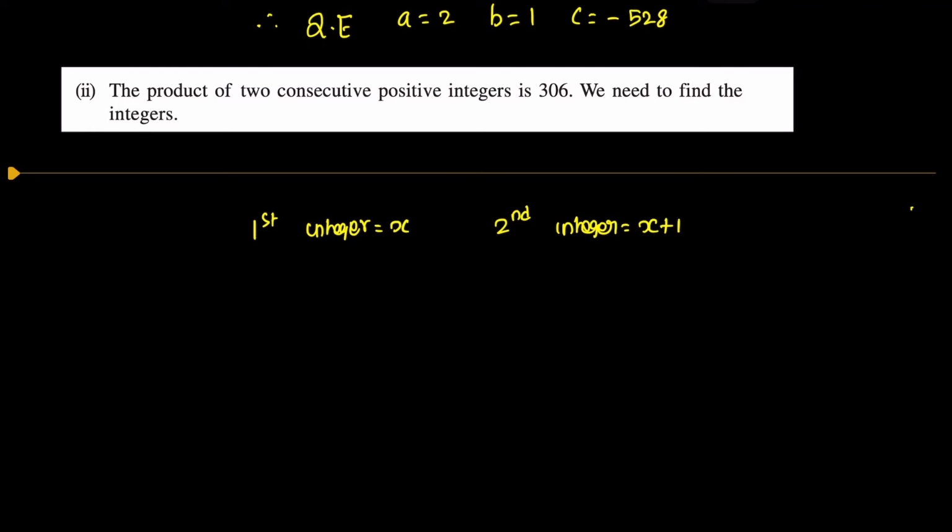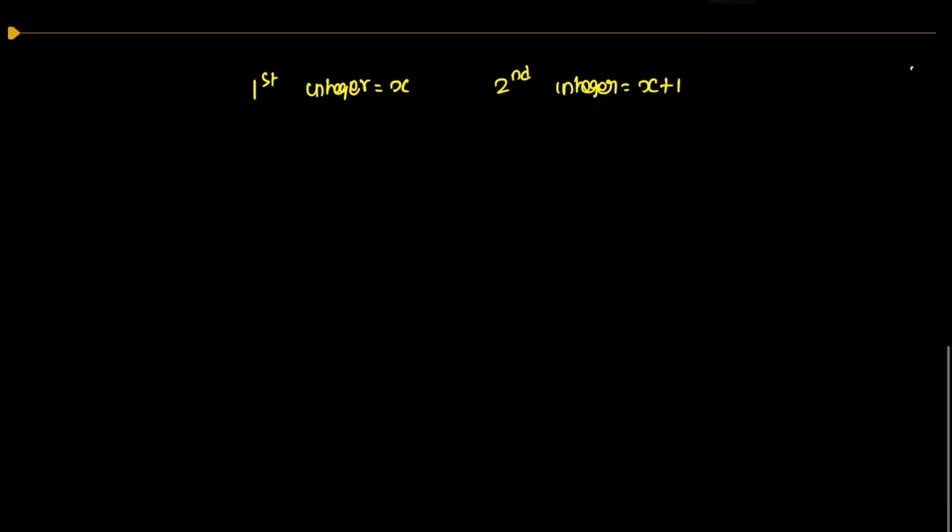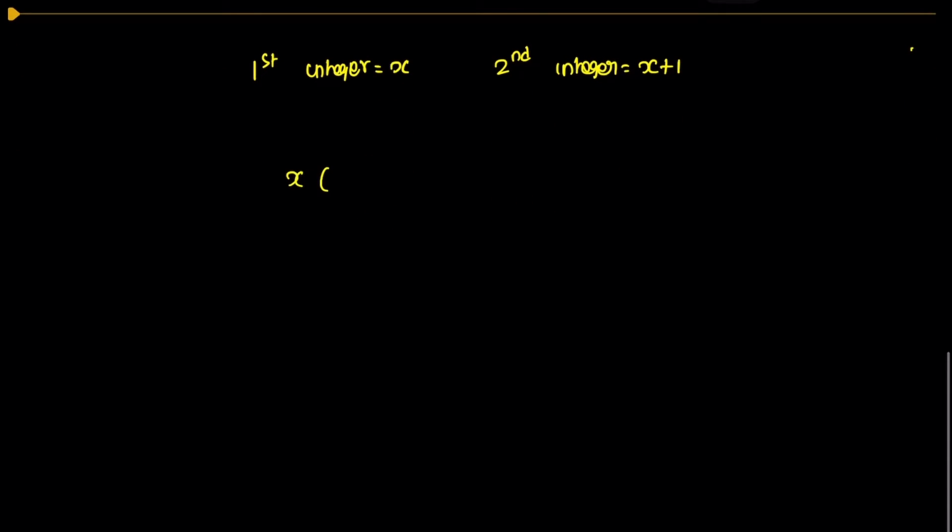Then the product is 306, so x times x plus 1 is equal to 306. So the product is x square plus x is equal to 306.